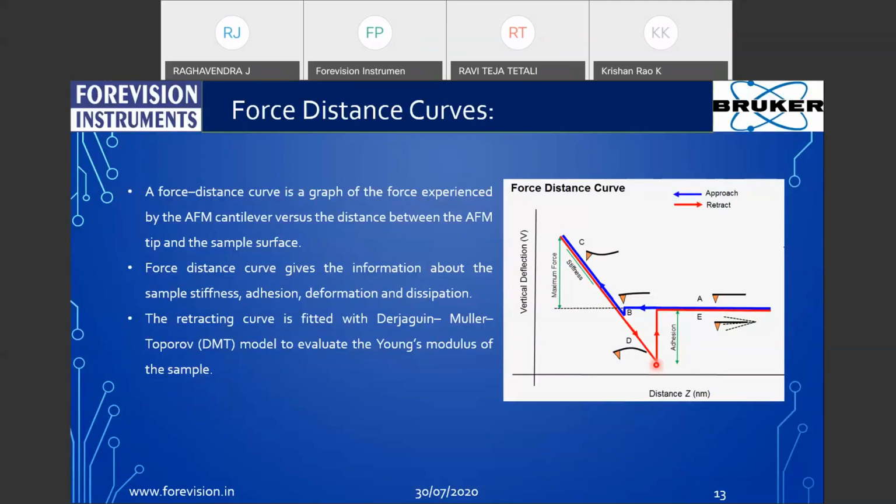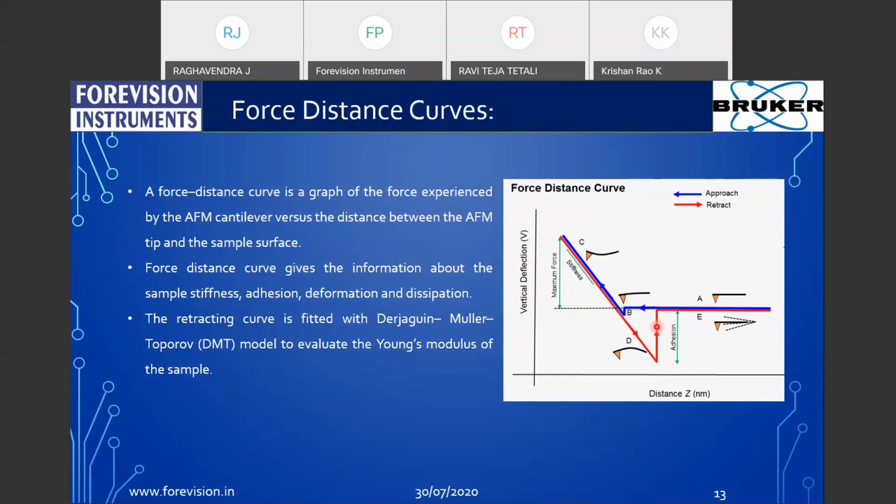With this force distance curve, we can measure a lot of properties. Here you can see the horizontal line and the deepest point of the force. This particular force gives us information about the adhesion property of the sample.